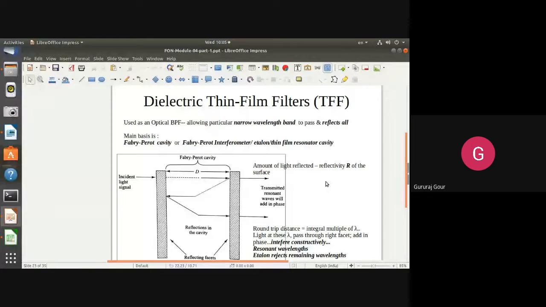There will be a pattern of colors on the thin film of the bubble, and you can even observe such patterns of different colors on the upper surface layer of the CD or DVD, where you actually store the data. So how have these colors been formed? This is the thin film you are understanding, but why are they called filters?